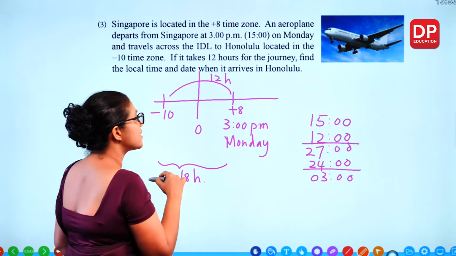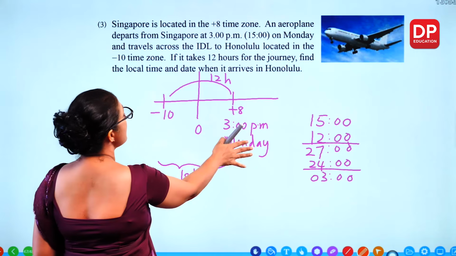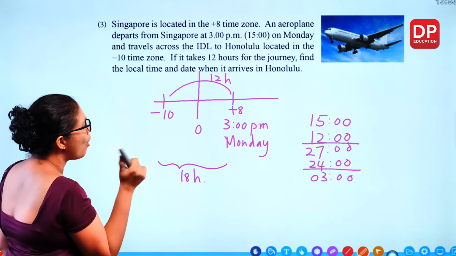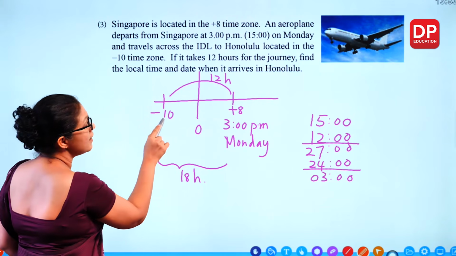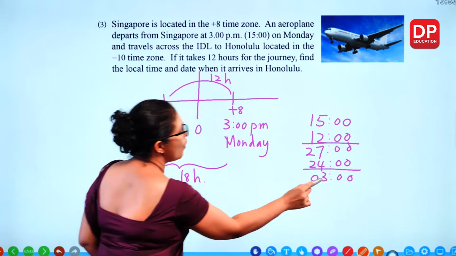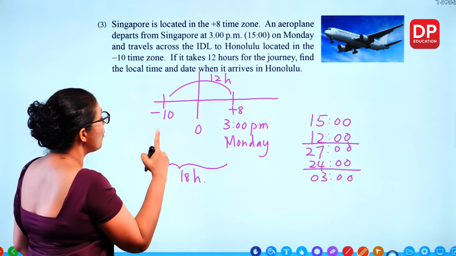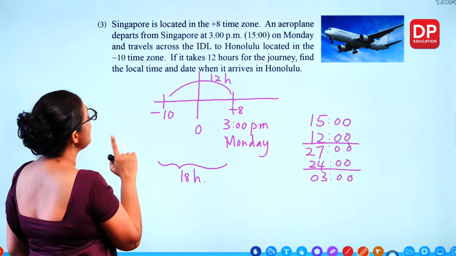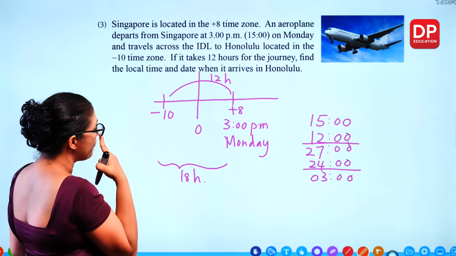3 hours in Singapore. So that's 3 in the morning here in Singapore. This is in the morning. Now there's 18 hours gap between Honolulu and Singapore.